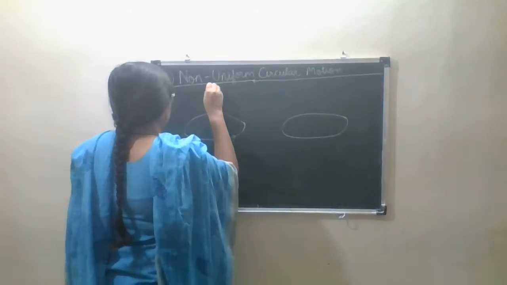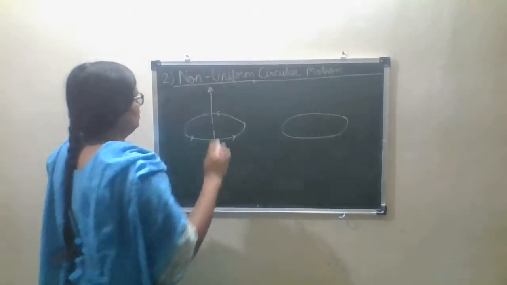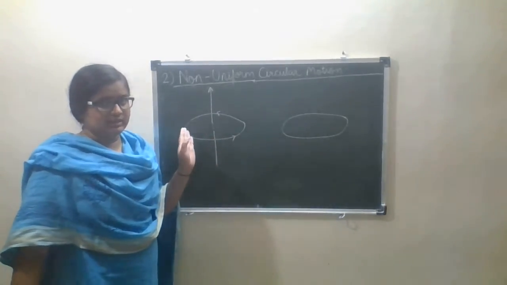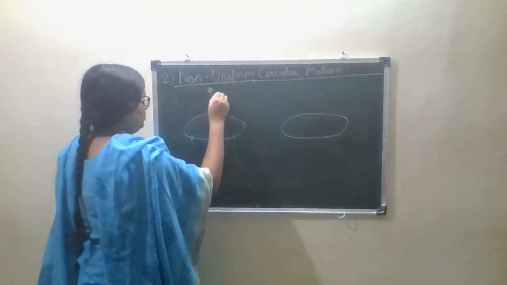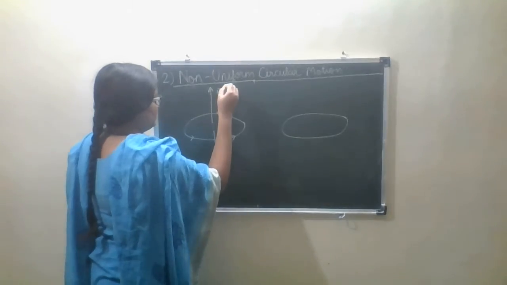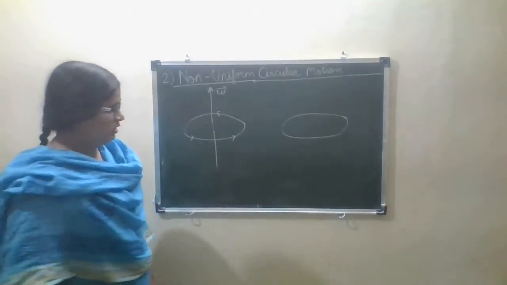As we already know, when the particle is moving in this direction, by the right hand thumb rule which we have seen previously, the direction of the angular velocity omega is in the upward direction, along the outstretched thumb.